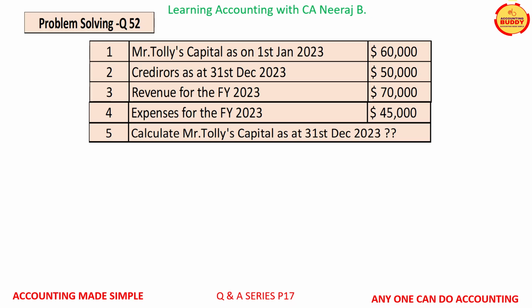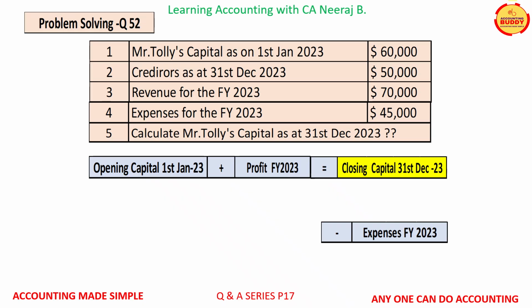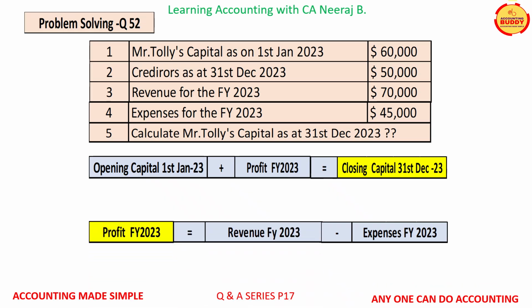We know that if in the opening capital as at 1st January 23 we add the profit earned during the year 23, we will get the closing capital as at 31st December 23. We know that the opening capital is $60,000. Let us find out the profit for the year to solve this problem. We know that if we deduct the expenses from the revenue, we will get the profit for the year 23.